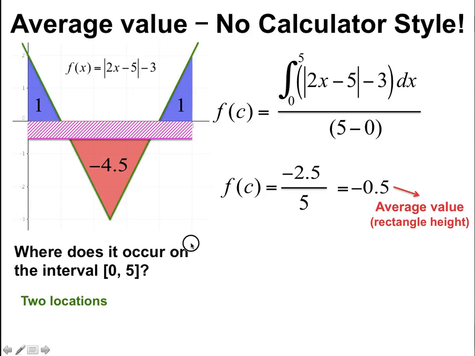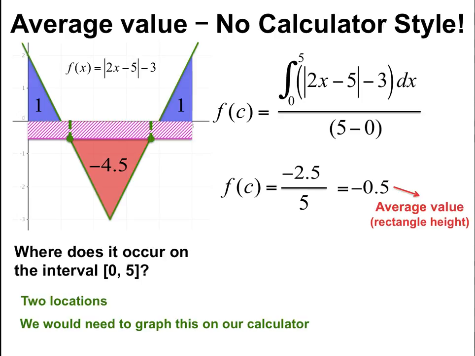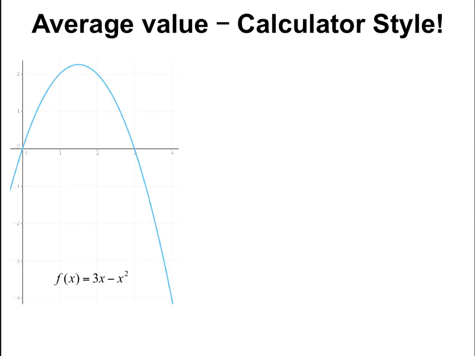And so where are those 2 locations? At this point, we would need to graph this on our calculator and graph this value, negative 0.5, and we would need to do a second calc intersect on that.